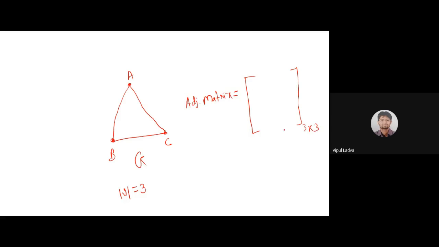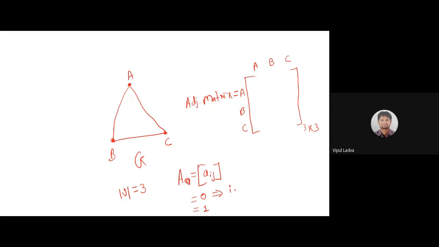Now I'm mentioning my 3 vertices A, B, C on the rows, and the same vertices A, B, C on the columns. As per the previous slide, the adjacency matrix is a matrix whose entries are Aij, and I'm supposed to give Aij as 0 or 1. कब 1 देंगे अब?